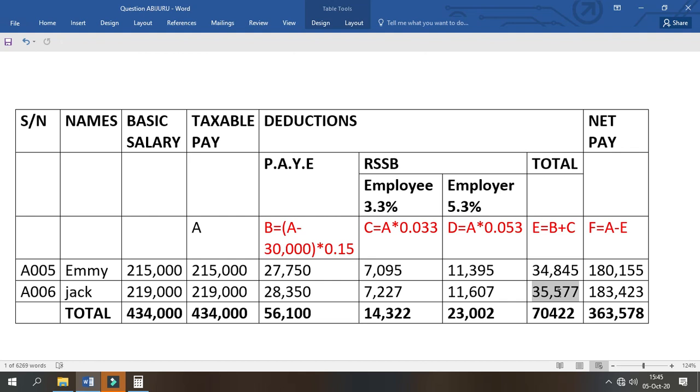Dear friends, this is how we calculate the net pay, the Rwanda Social Security Board contribution and pay as you earn for the casual laborers.